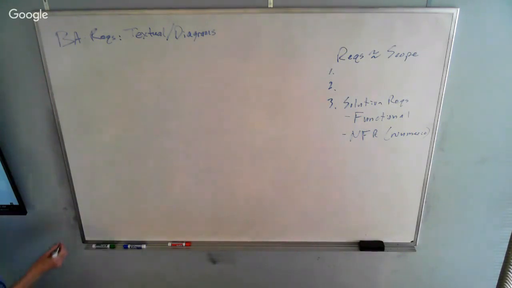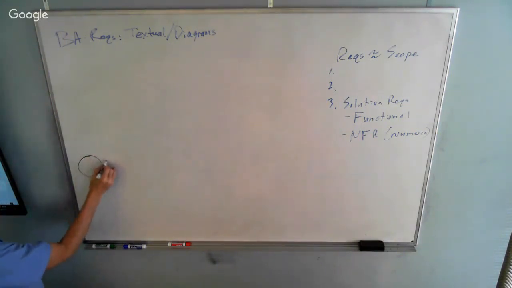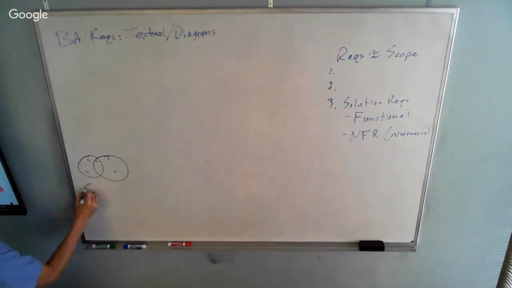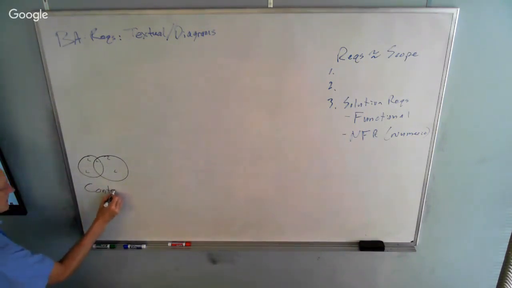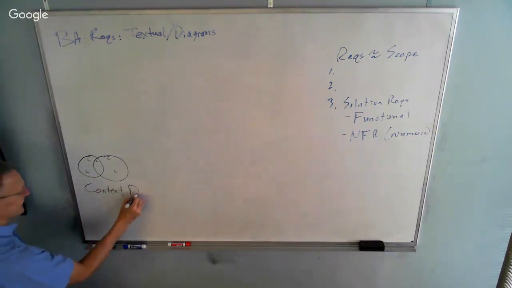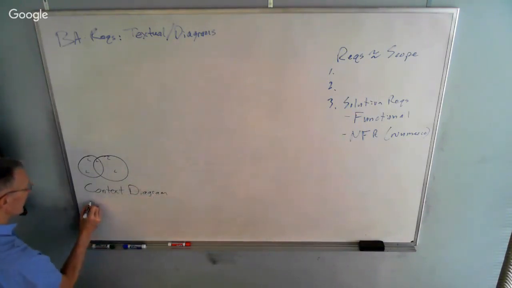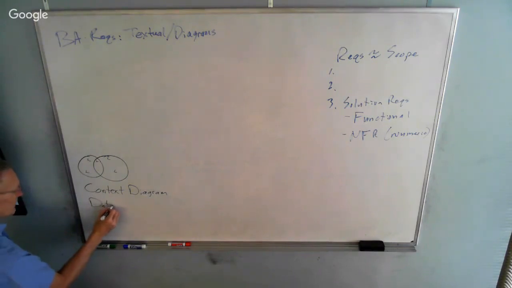But in one of the slides, we had this diagram that kind of went like this. There was a label here, a label here, a label here, a label here, and a label here. Context diagram. Yeah, the middle one here was context diagrams. So what is a data flow diagram? There we go. So there's context diagram, data flow diagram.